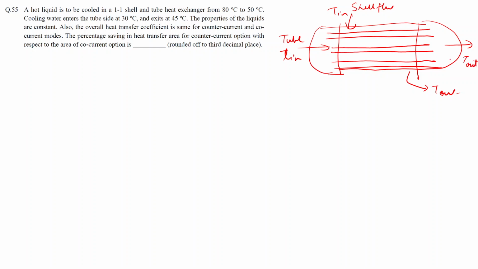Now if the direction of both the shell side fluid and tube side fluid is this, this is my co-current flow, and if I introduce the shell side from over here and bring it out from over here, then the flow direction will be opposite and that will become my counter current flow.